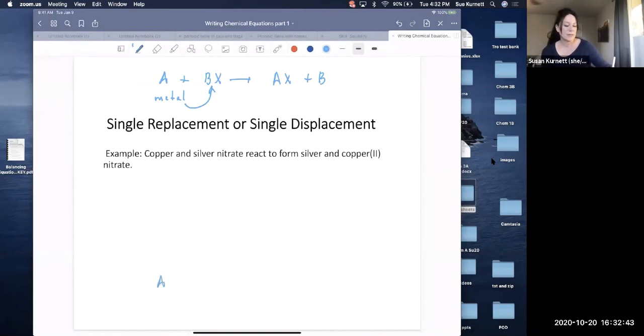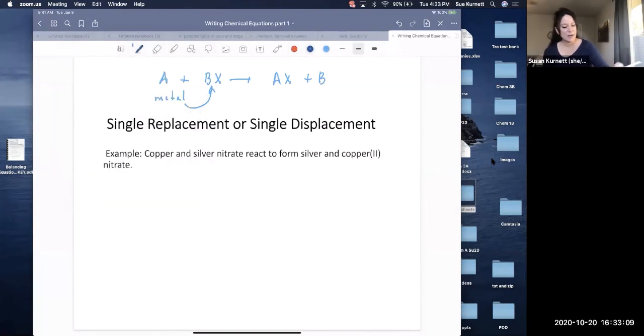If the element was a nonmetal, it would take the place of the anion. If we were on ground, there's a lab we would do that would involve that. But we're not on ground, so let's just focus on metals for now.